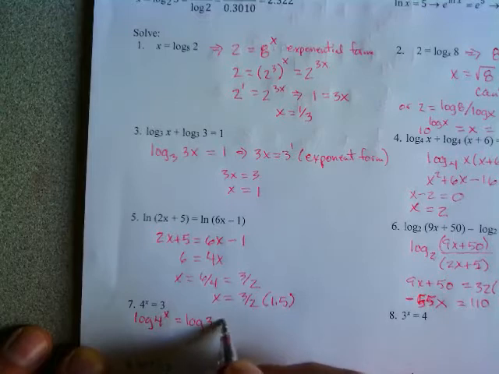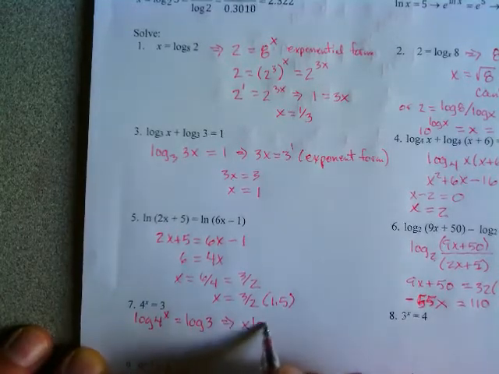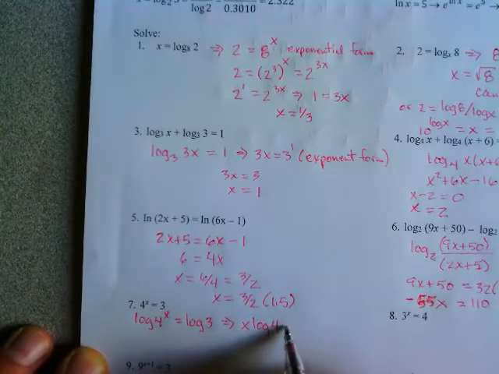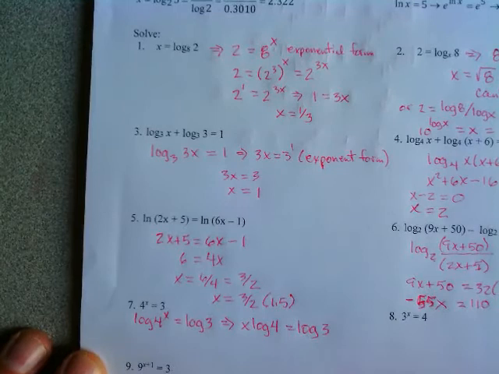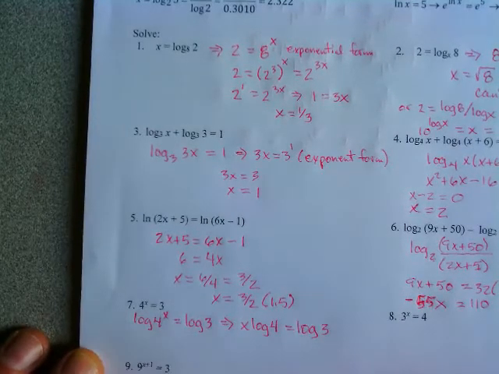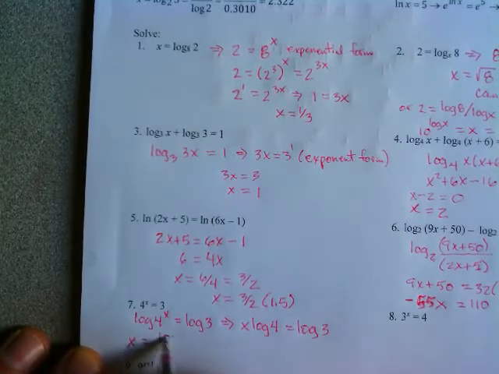Then move that exponent out front. And again, since I'm not writing any base, that means the base has to be base 10, and I can use my calculator for it. So now I'm going to divide both sides by the log 4.